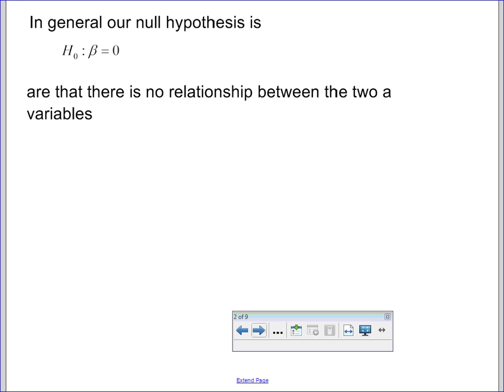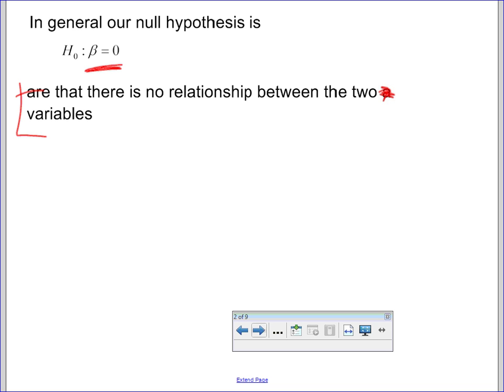So let's think about what we're actually trying to say here, which is that in general a null hypothesis is that beta equals 0, and that there is no relationship between the two variables.